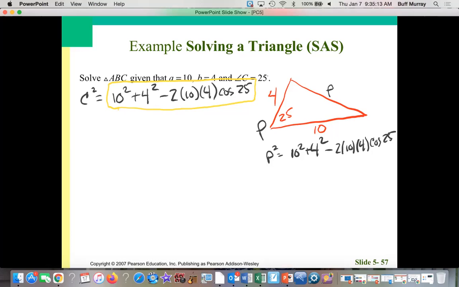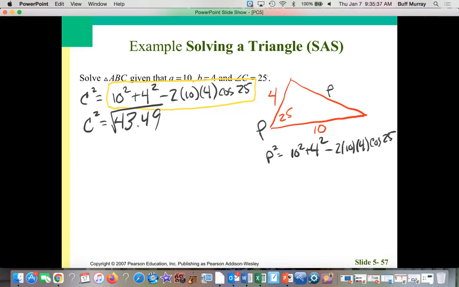All right, so once again, what we're finding here is c squared. What did you guys get for c squared? 43 point what? 43.49. All right. Now, that's not the length of the side we're looking for. That's the side squared, correct? So, what is the square root of 43.49? 6 point something.